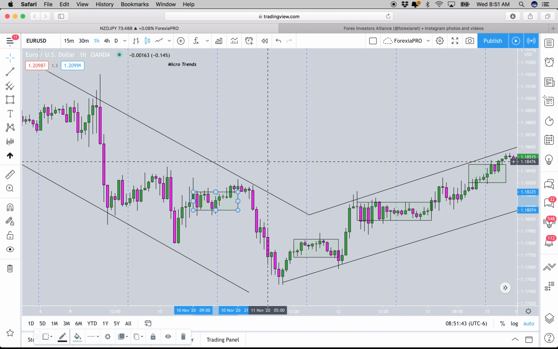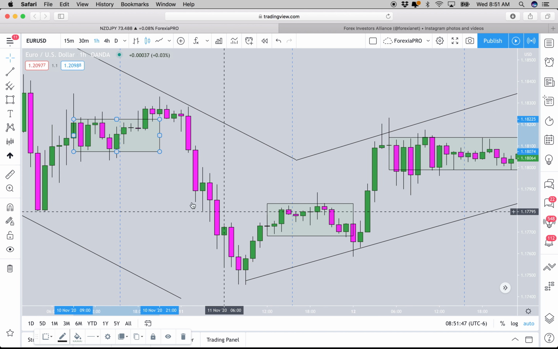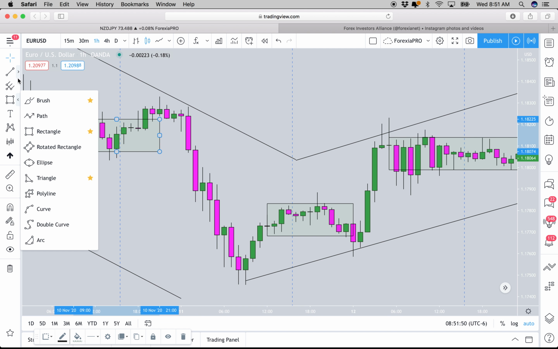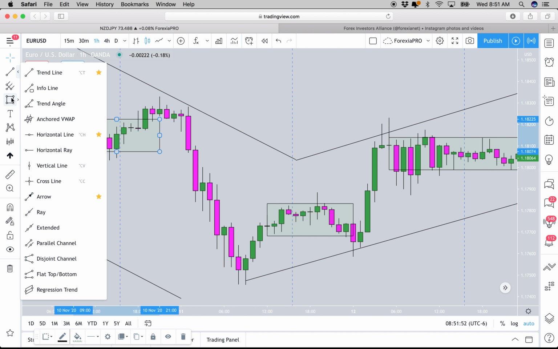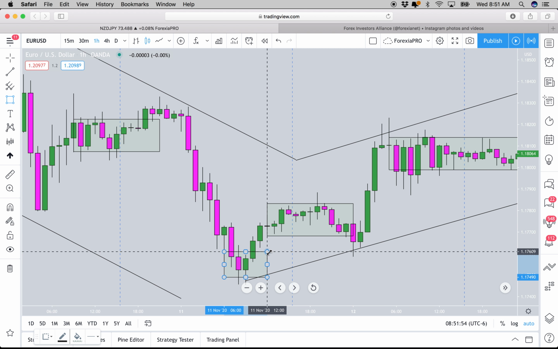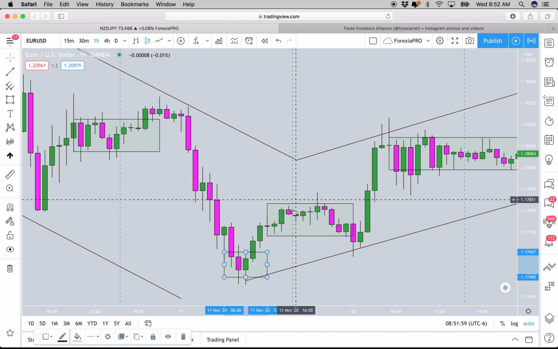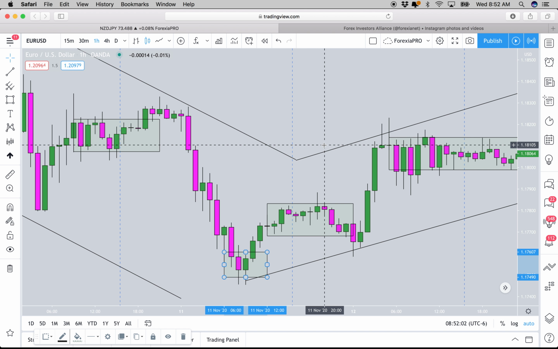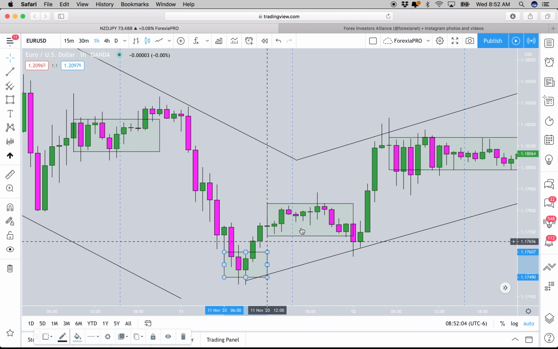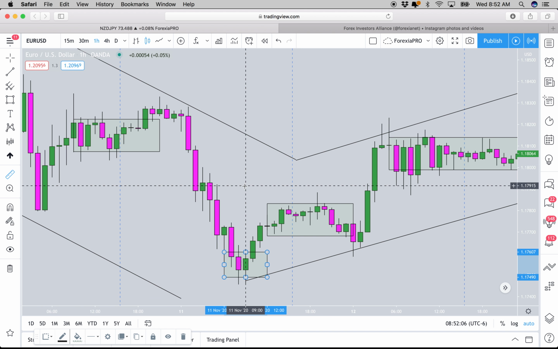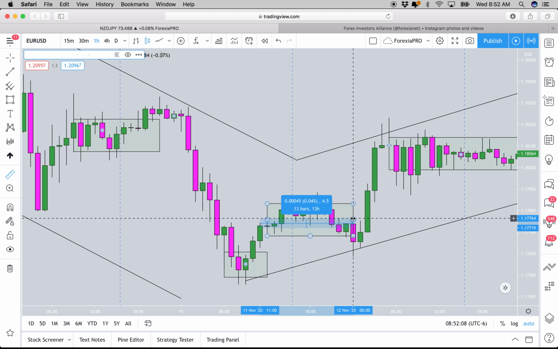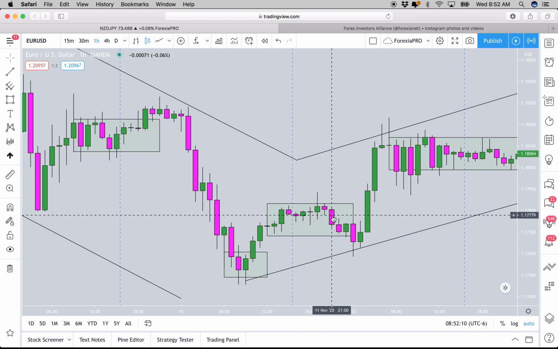They emotionally get unstable because they thought, okay, I'm just going to buy right around here, or right around here, and then the market's going to move up. And what actually happens? The market stays in consolidation for 13 hours.